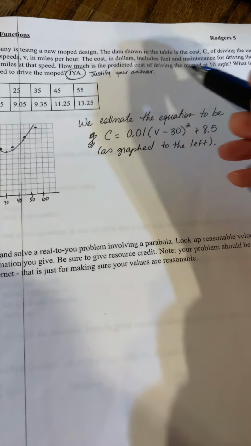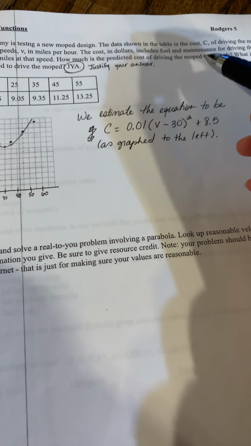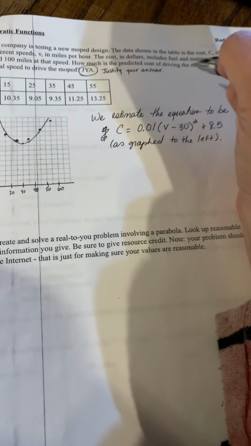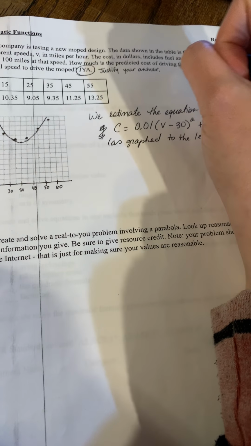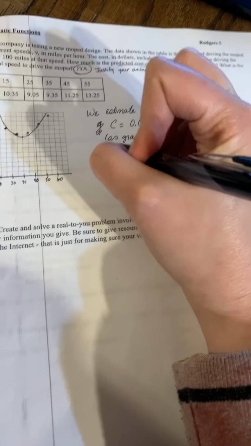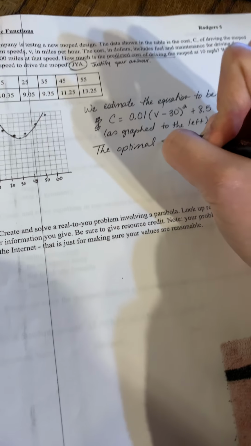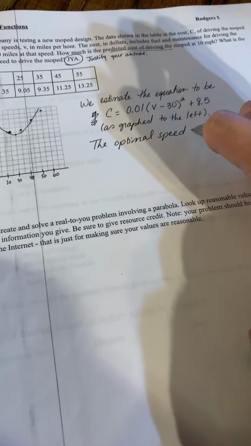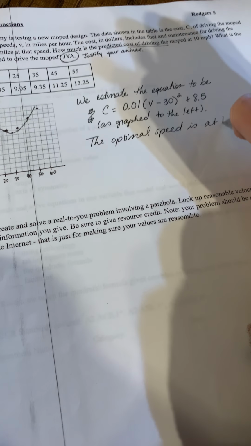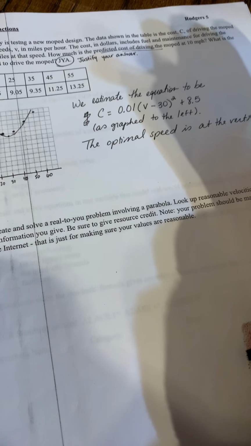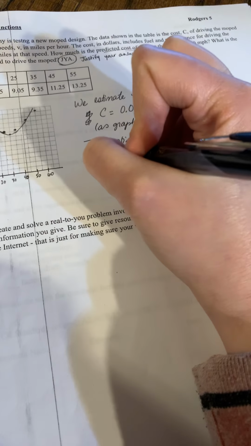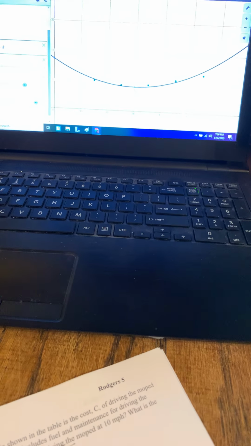Okay. All right, and then it says, what is the optimal speed? Well, the optimal speed would just be the minimum cost, right? So then the optimal speed is at the vertex, and we found it on Desmos here, 30, 8.5.